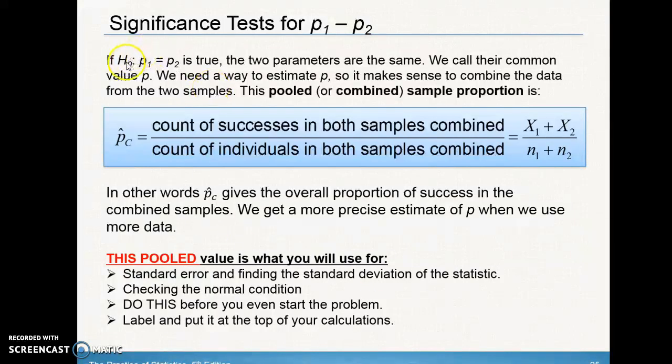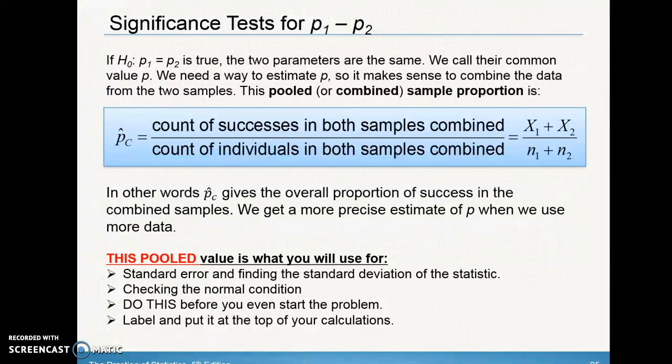In our null, we're assuming that the two population parameters or proportions are the same. We call their common value P. We need a way to estimate P, so in this case only, it makes sense to combine the data from the two samples.